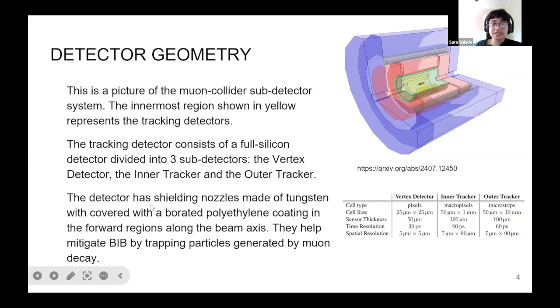It has shielding nozzles made out of tungsten, and the nozzles are covered with borated polyethylene in the forward regions along the beam axis. This is to help mitigate the beam-induced background by trapping particles generated by the decay. So this table shows the specification of the 3 subdetectors.